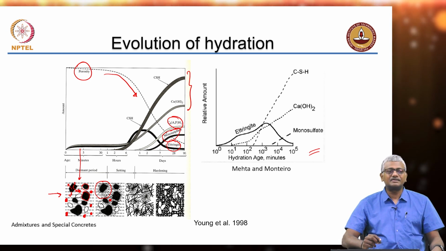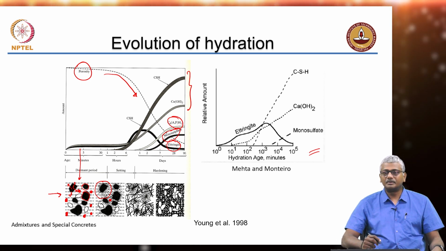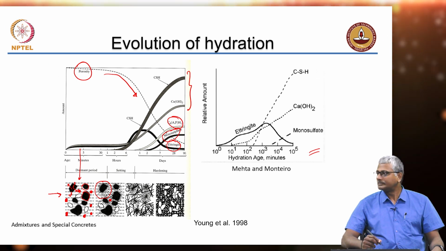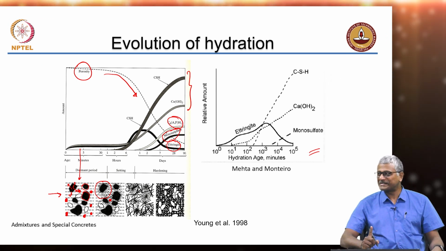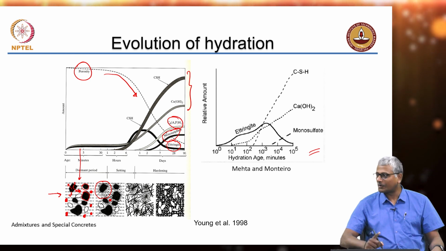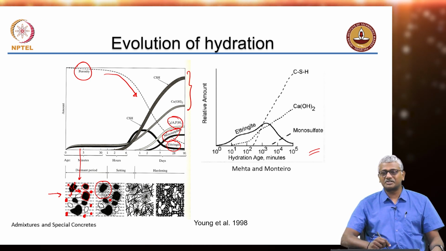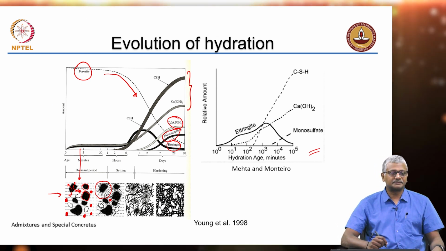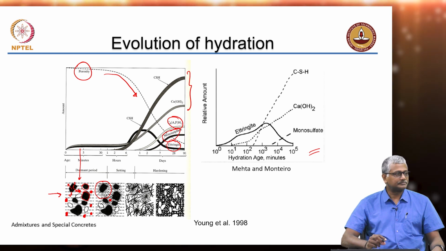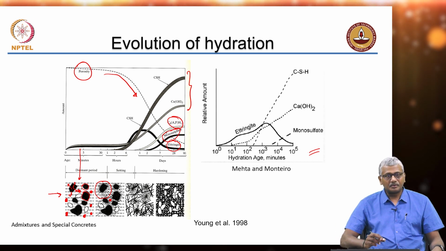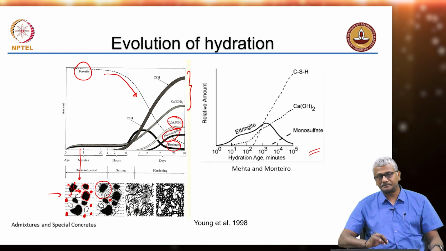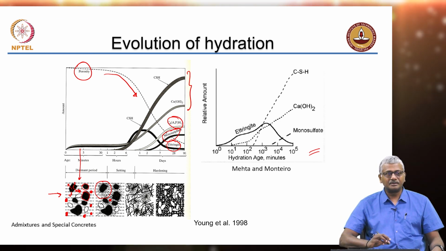So, what is strength dependent on? It's dependent on hydration, but we just said that when you lower water cement ratio, you get lesser hydration. So, why does strength increase? Particle packing is going up, but is that the only thing?